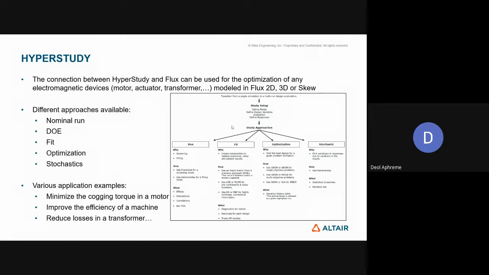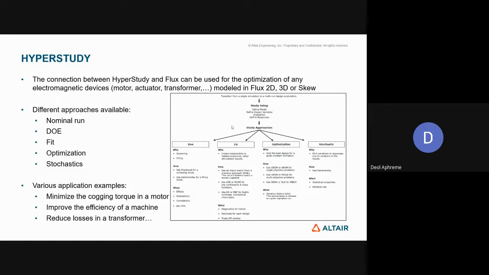So for example, if you want to minimize the cogging torque of a motor or improve the efficiency of a transformer or reduce the losses in a transformer, you can take the different things. DOE is design of experiments, where you can screen, or if you want to check the filling or all those things, you can definitely do it. Fit is when you want to fit your design into some sort of design constraint you have.